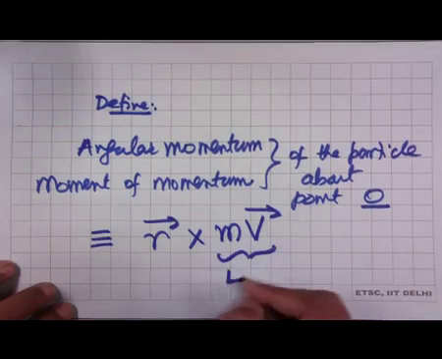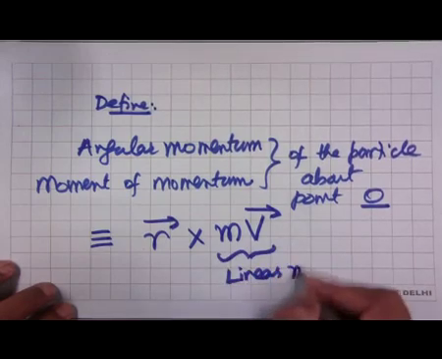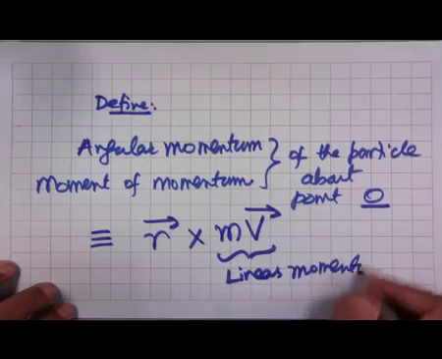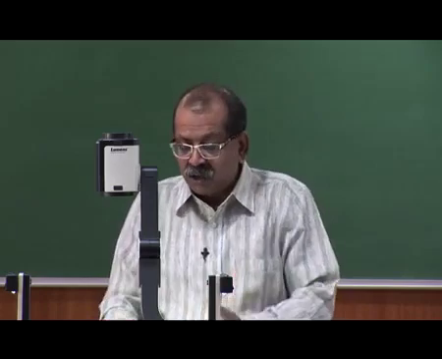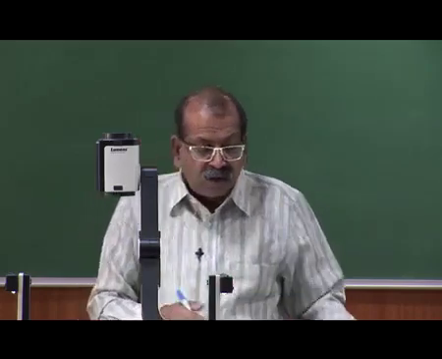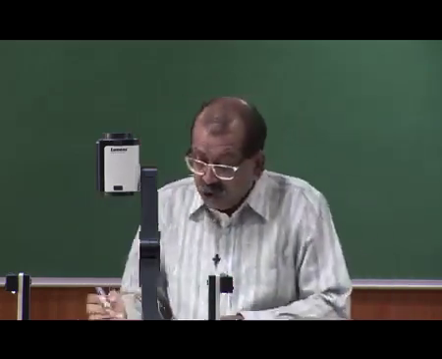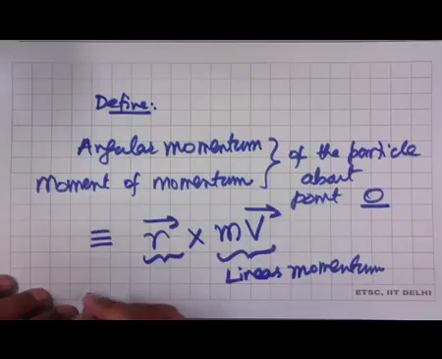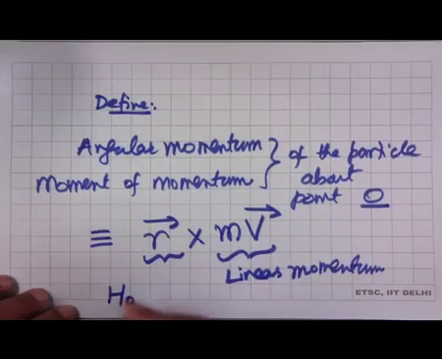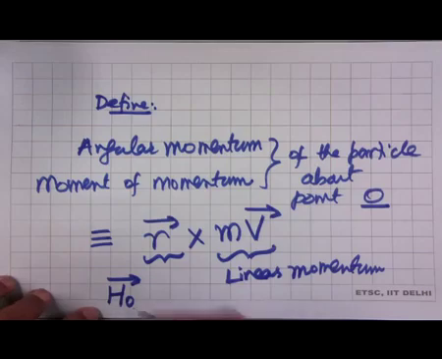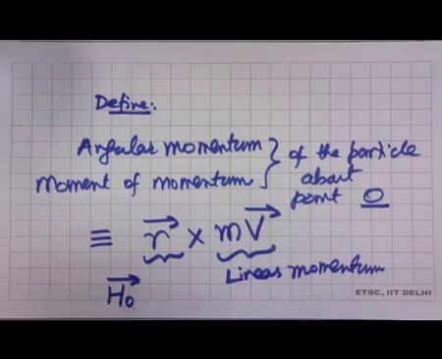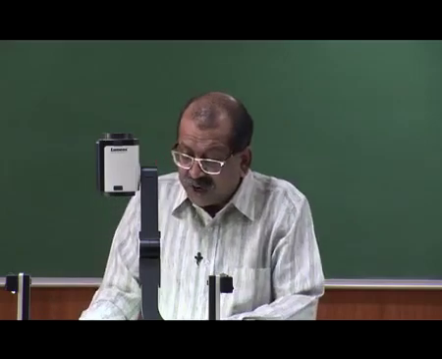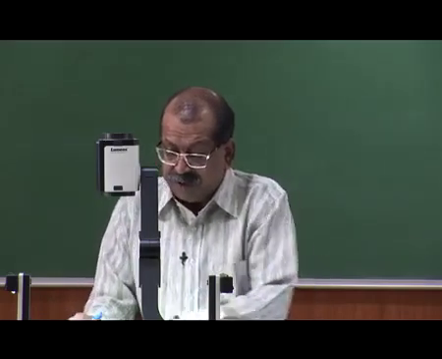This is the linear momentum, and whenever we cross a quantity with r, we call it the moment of that quantity. So r cross mv is called the moment of momentum of linear momentum, and we use the symbol capital H, and the subscript O represents that it is the moment of momentum about point O. So, this is how we define angular momentum of a particle.